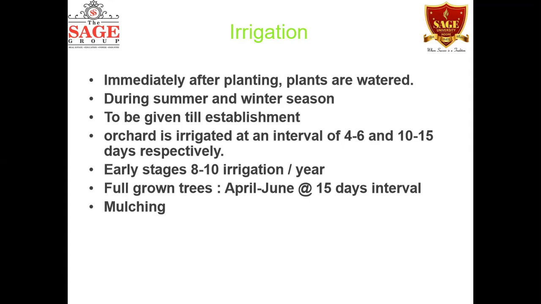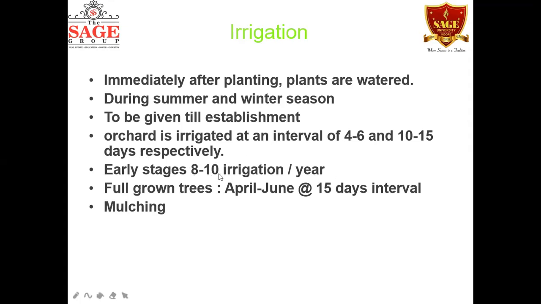They can withstand some stress up to some extent because they are capable enough, because their vegetative growth is completed. But at the early stage, you need to give irrigation with proper interval, that is given here: 4 to 6 days during the summer and 10 to 15 days during the winter.